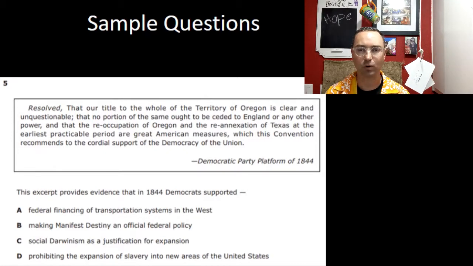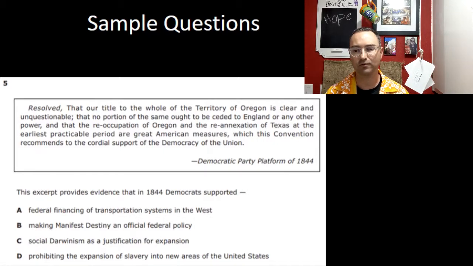Resolved that our title to the whole of the territory of Oregon is clear and unquestionable, that no portion of the same ought to be ceded to England or any other power, and that the reoccupation of Oregon and the reannexation of Texas at the earliest practicable period are great American measures which this convention recommends to the cordial support of the democracy of the Union.